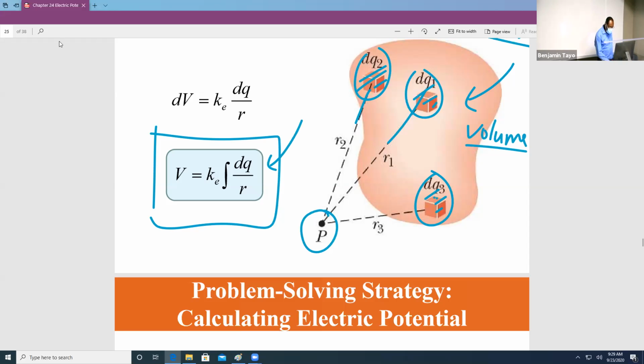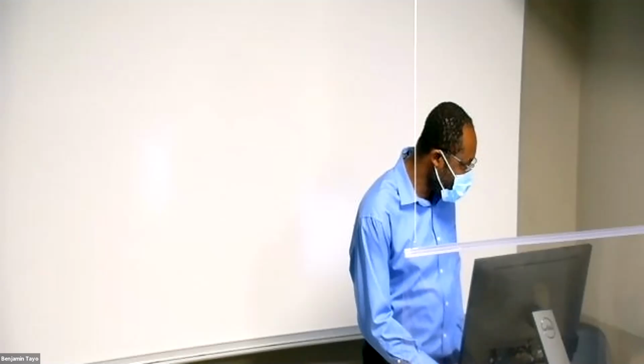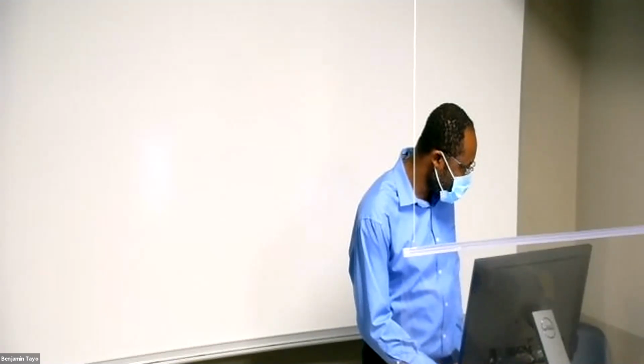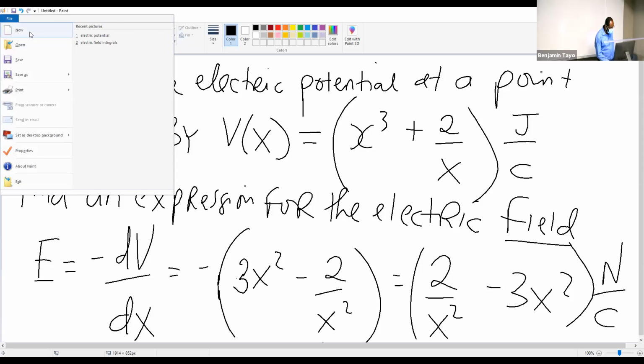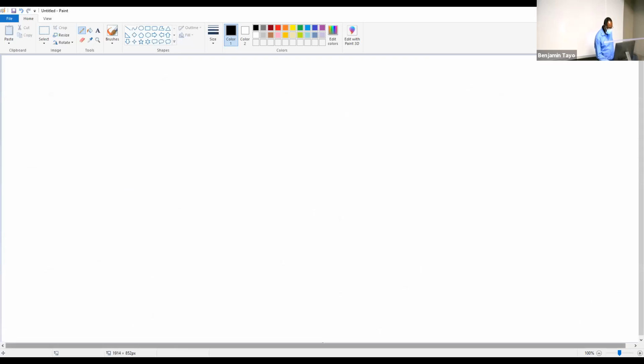So with this, let me take a moment here. I want to go back and share my screen, because I think if you understand. So I'm going to make a table here that is going to help explain. So let's look at electric potential here. So electric field.